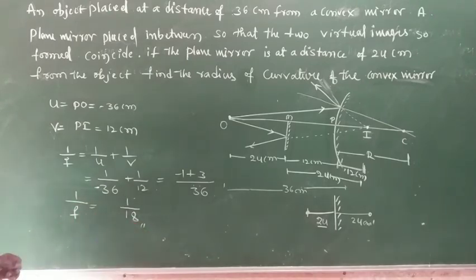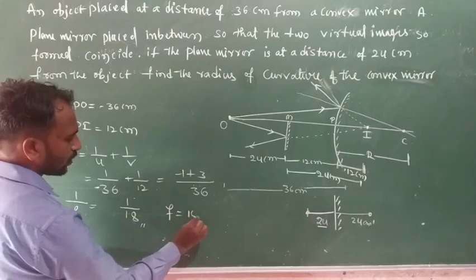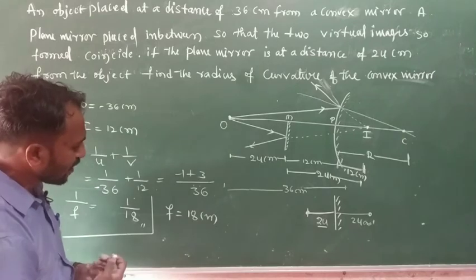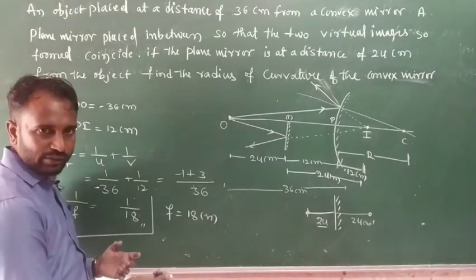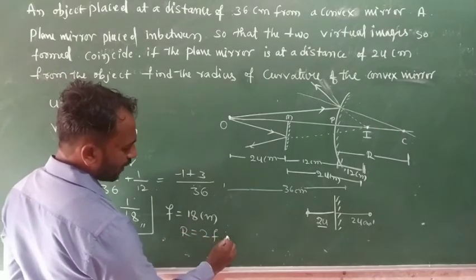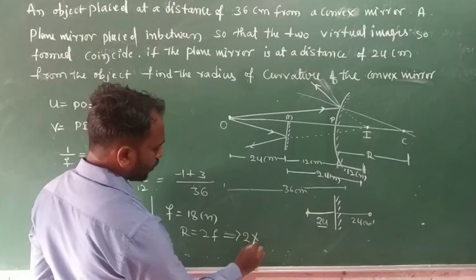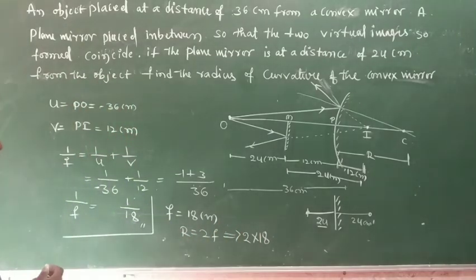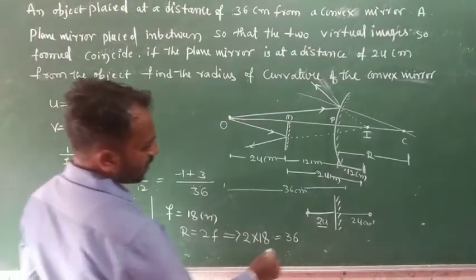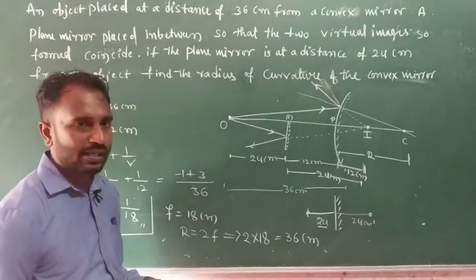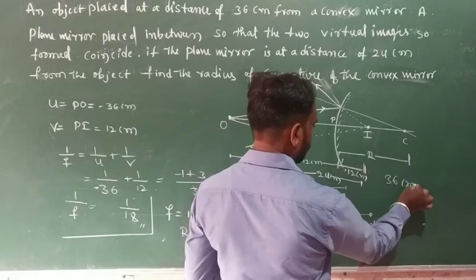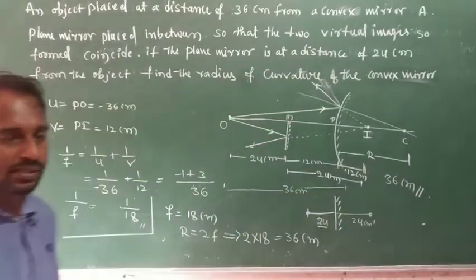So the focal length f is equal to 18 centimeter. The radius of curvature is 2 times the focal length, so r is 2 into 18, which is 36 centimeter. So this radius of curvature is 36 centimeter.